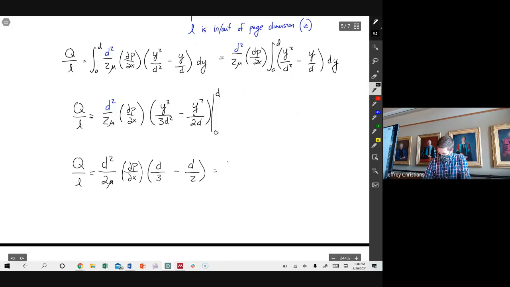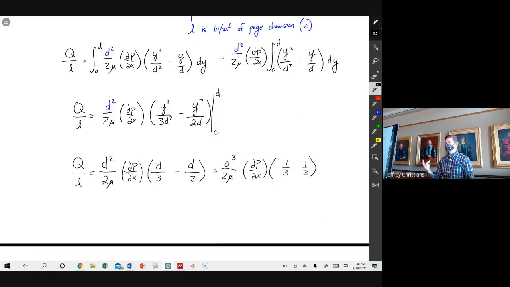Which equals d cubed over 2 mu dp dx times 1/3 minus 1/2. 1/3 minus 1/2, that's like 2/6 minus 3/6, so it should be negative 1/6.